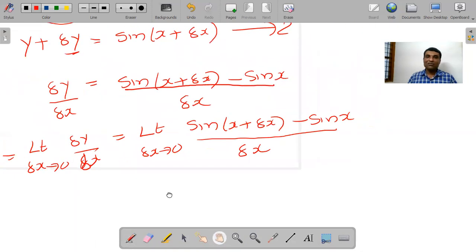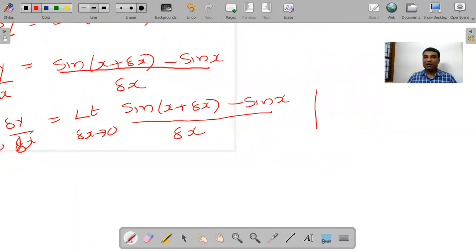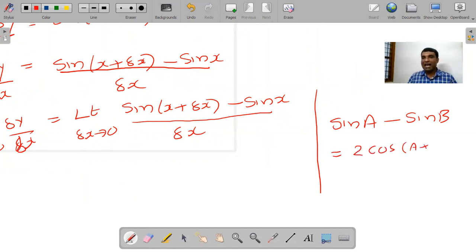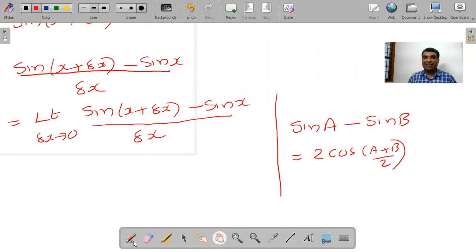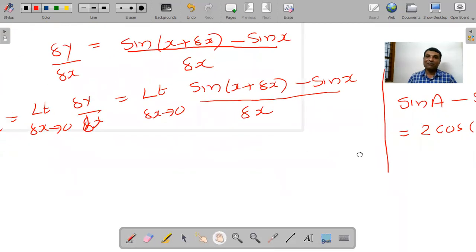Now this is in the form sin A minus sin B. What's the result? We can write this is equal to 2 times cos of A plus B by 2 multiplied by sin of A minus B by 2, right? It's a well-known identity. So by using this identity, we can simplify.